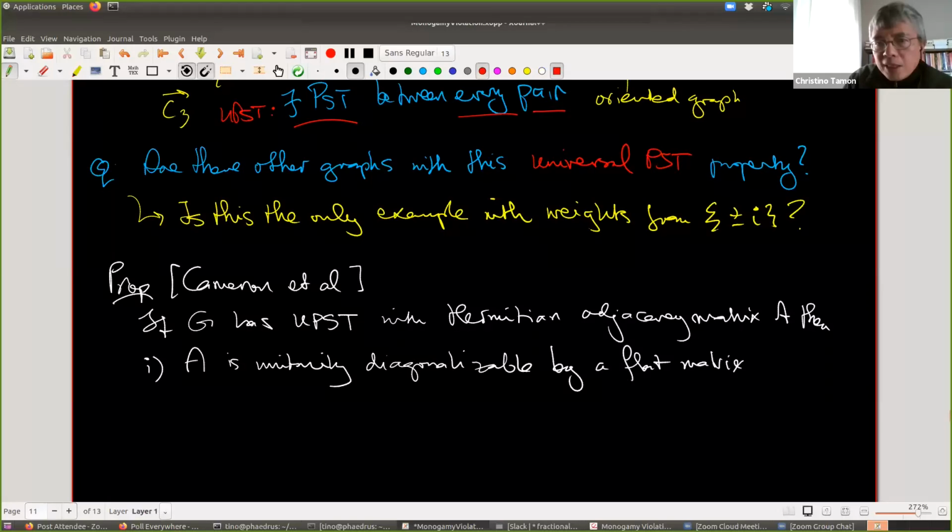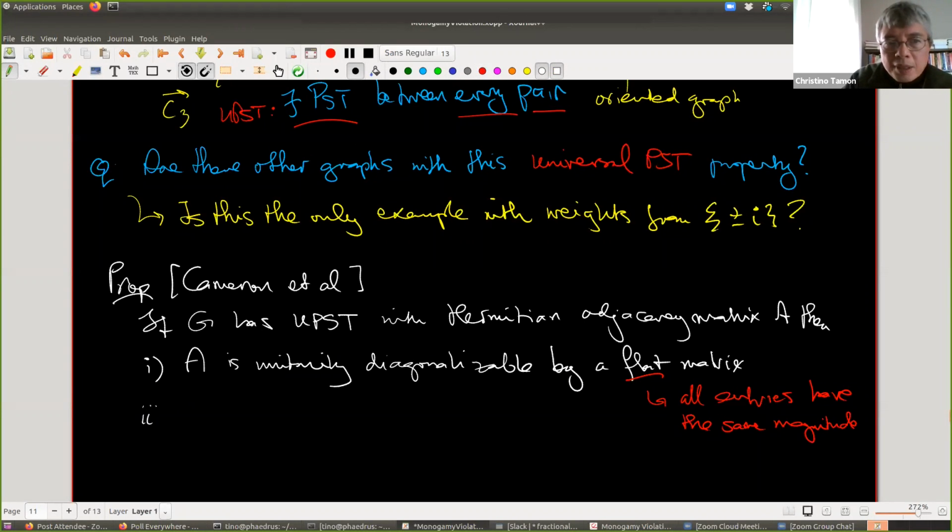Flat here means all entries have the same magnitude. A good example here is the discrete Fourier transform matrix. Okay?